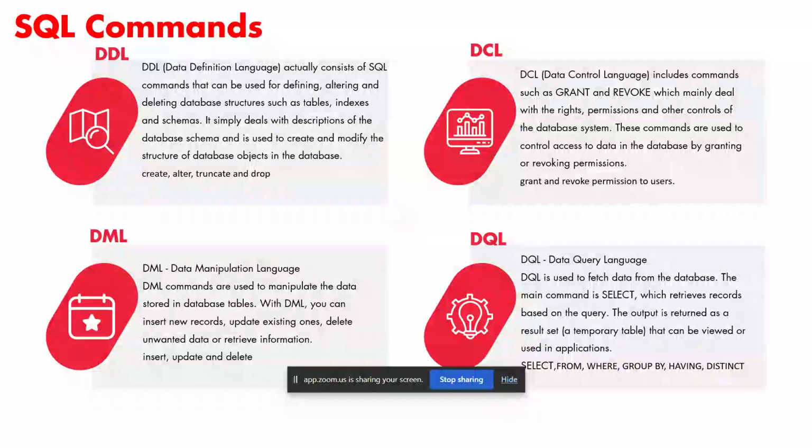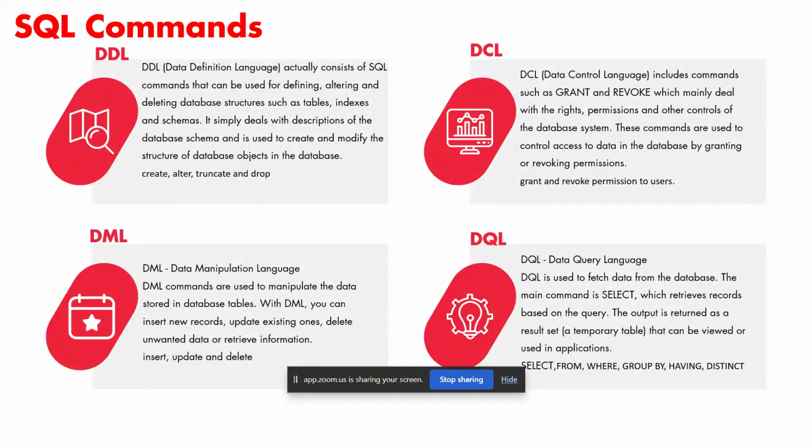It simply deals with describing the database schema, and it is used to create and modify the structure of the objects in the database. Examples of DDL commands are create, alter, truncate and drop.